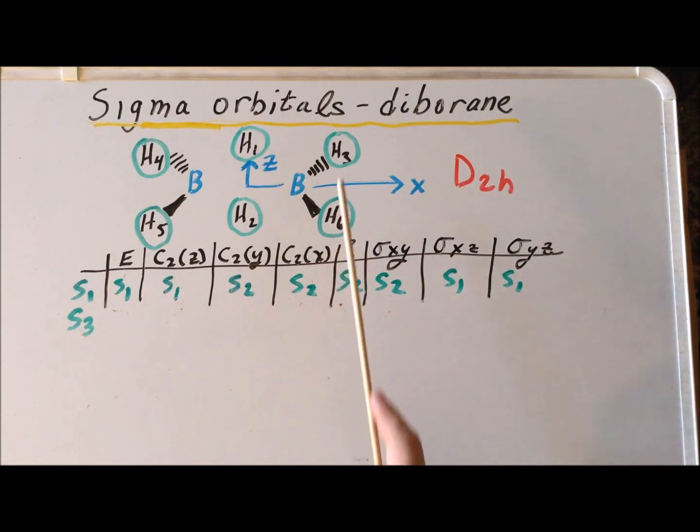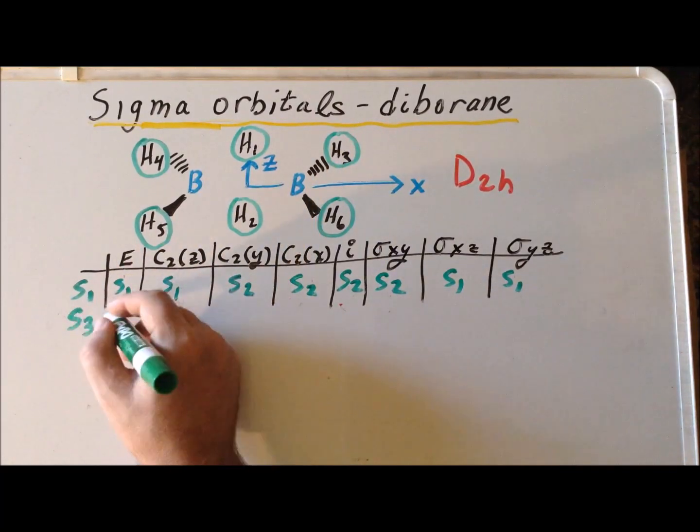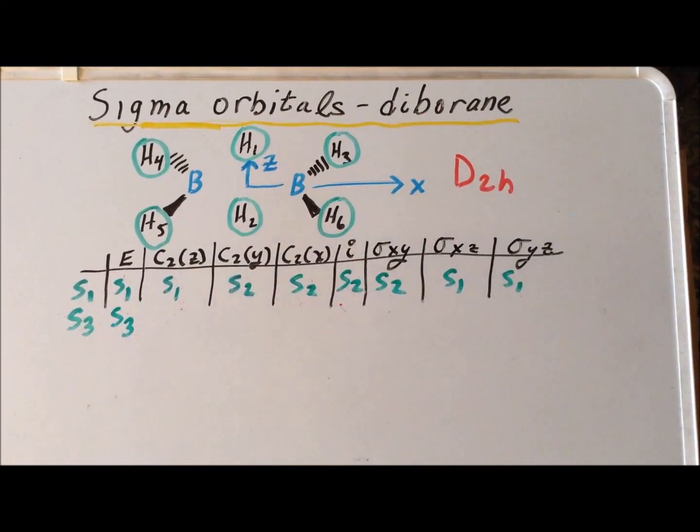So next we take a representative orbital of the other sets, S3, and see what happens to it under the various symmetry operations. Well, if we apply the identity, S3 stays exactly where it was, because that's what the identity does.